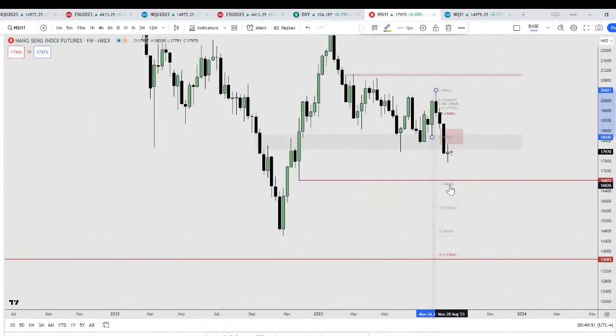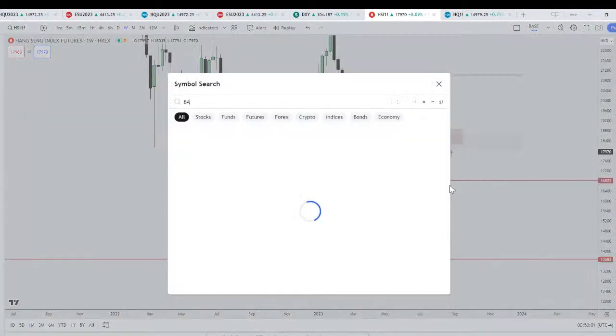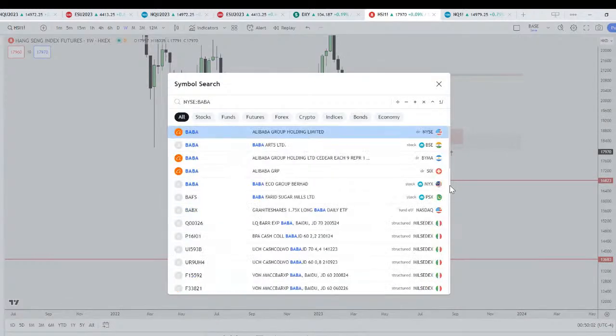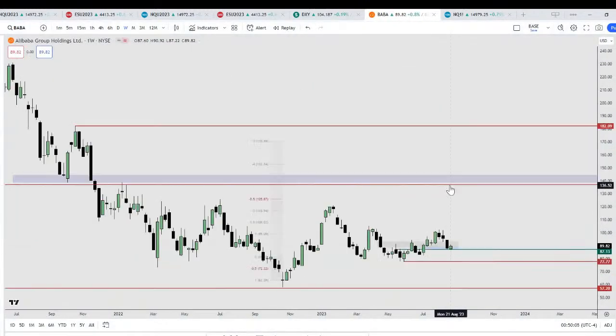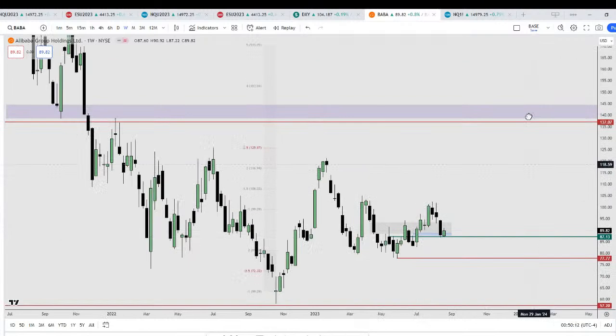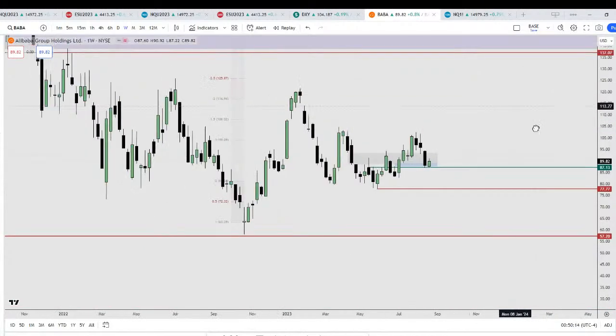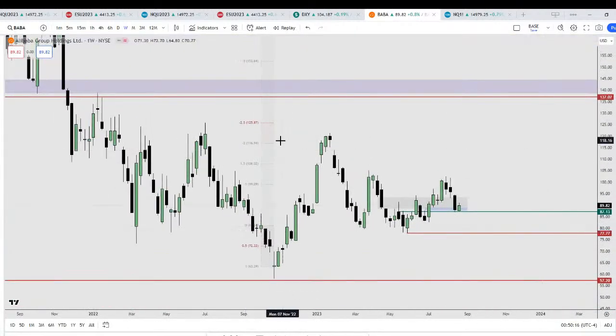Because I'm bearish on HSI, naturally for the Chinese companies I will have the same bias as well. So let's jump into Alibaba. For Alibaba here, same thing, same measurements, 2 to 2.5, crashed.